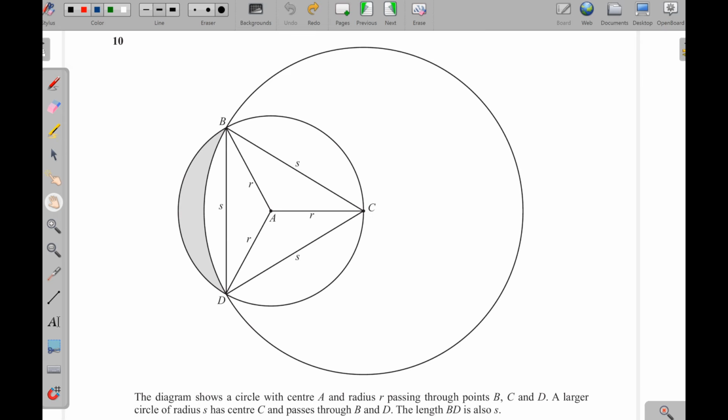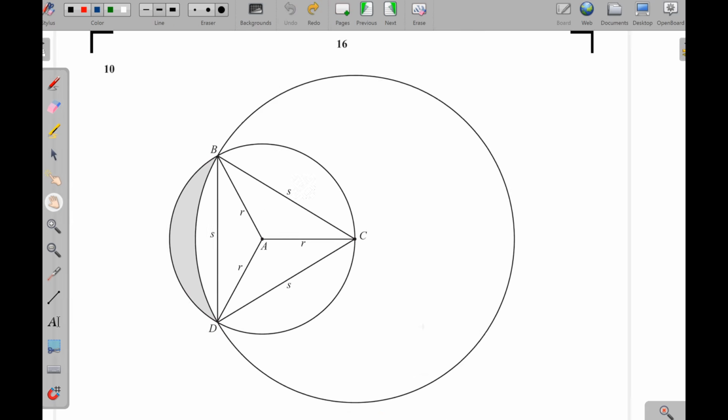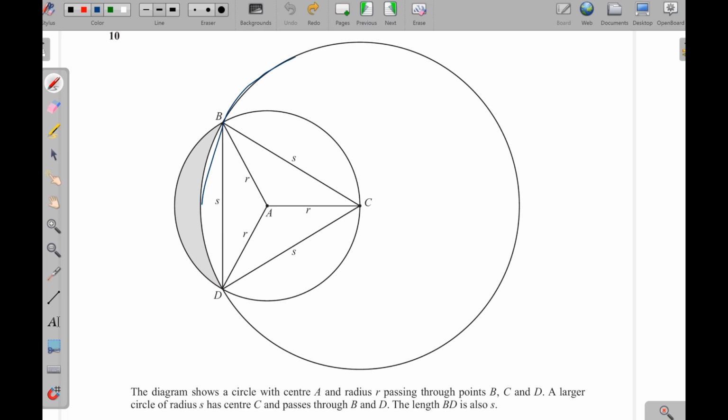Question 10 is coming from circular measure. They are saying that the diagram shows a circle with center A and radius R passing through points B, C, and D. A larger circle of radius S has center C and passes through the points B and D. The length BD is also S. Okay, so this is the big circle, okay, and its radius is from D here to C, that is S, which is the same as from C to B here, which is also S, okay?